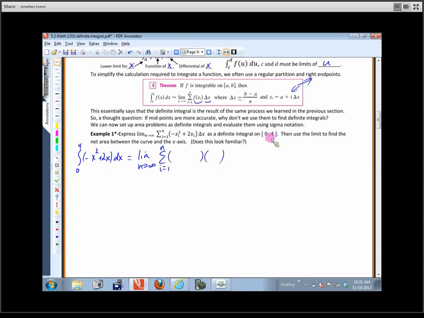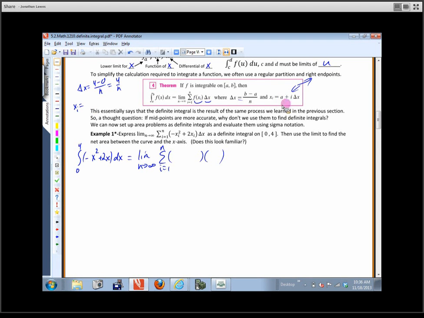Set equal subintervals, right? Let's compute delta x. Delta x is b minus a, 4 minus 0. How many subintervals? n of them. So 4 over n. How do I write down my right endpoint?